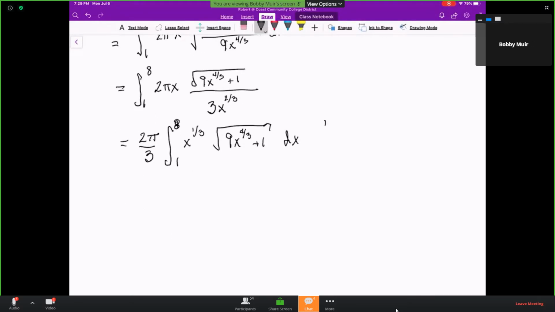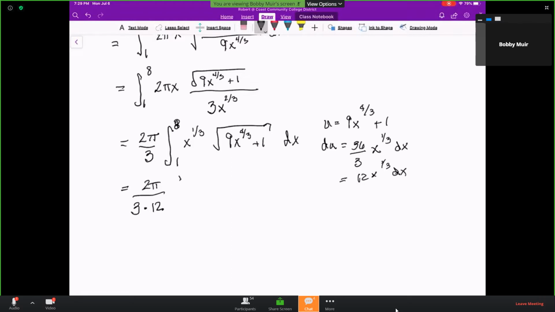Straight U substitution. If u is equal to 9x to the 4/3 power plus 1, then du is going to be 36 over 3 x to the 1/3 dx, which is 12x to the 1/3 dx. Okay, so now I'm going to have to go 2 pi, and now I'm over 3. Now I got to do the 12.